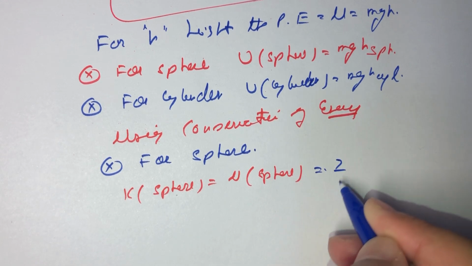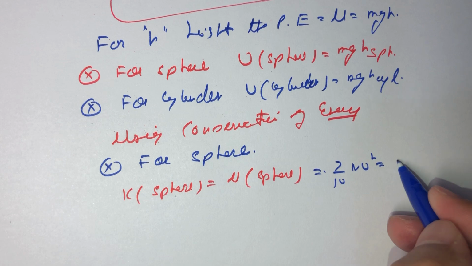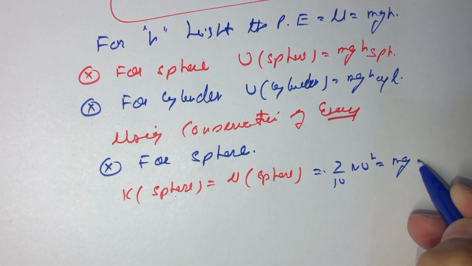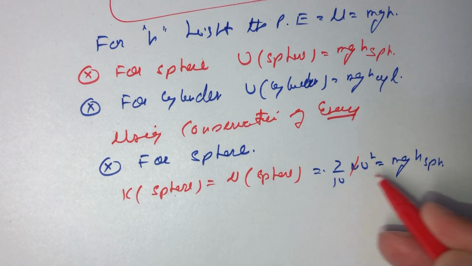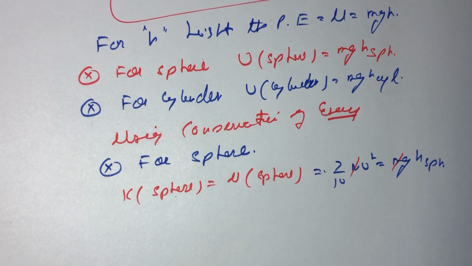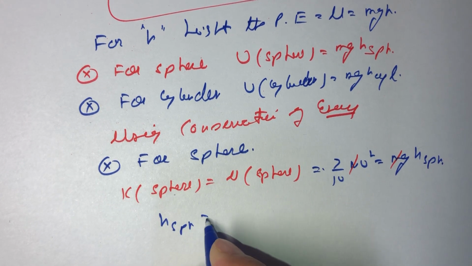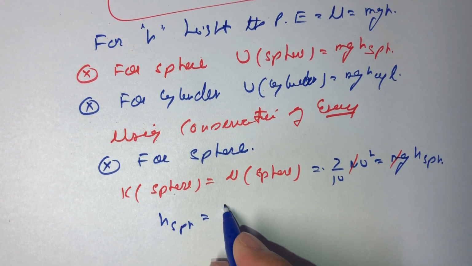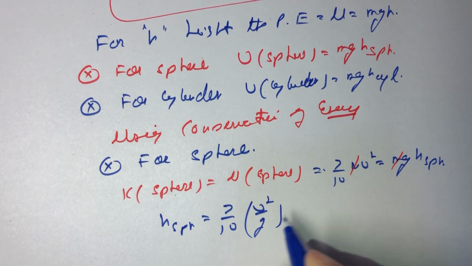This gives us 7/10 mv squared equal to potential energy of the sphere, mg h sphere. Mass and mass cancel out, so we get height of the sphere equal to 7/10 v squared by g.